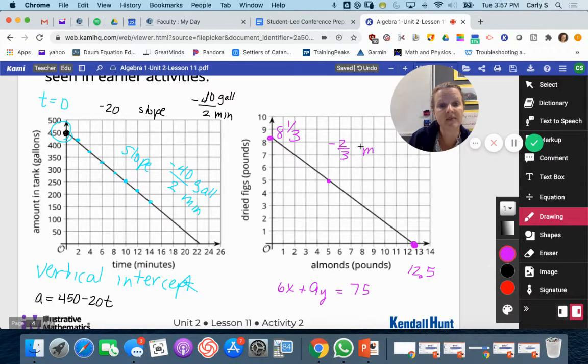I know that's my slope. So let's look at it. So if I go down 2, so negative 2, because that's my change in y, and over 3, 1, 2, 3, I'm still on the line. Down 2, over 3, still on the line. If I go up 2 and left 3, I'm still on the line. Okay, so negative 2/3 is the slope. Okay, pretty cool.